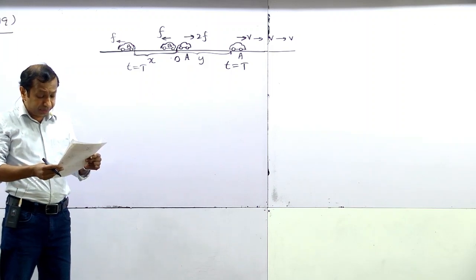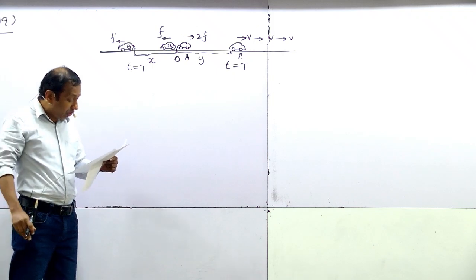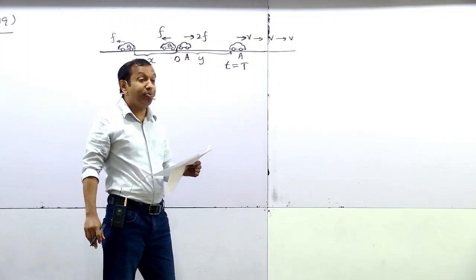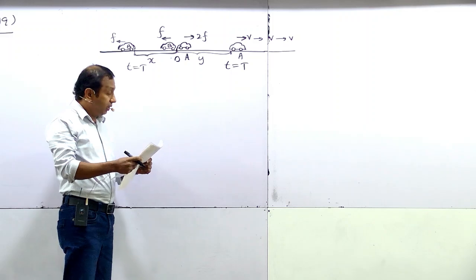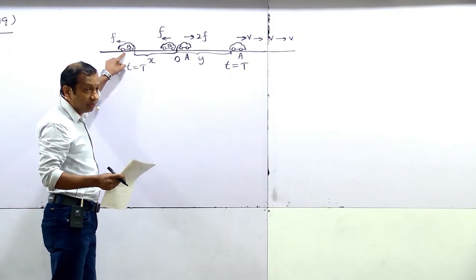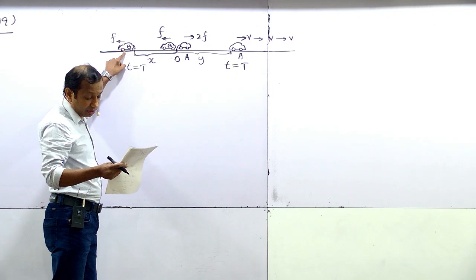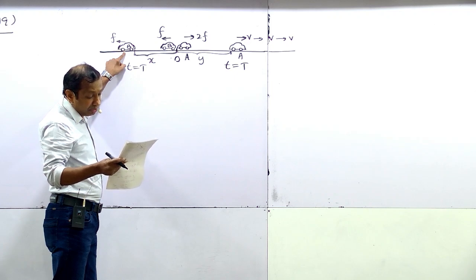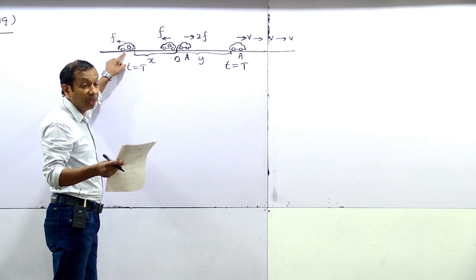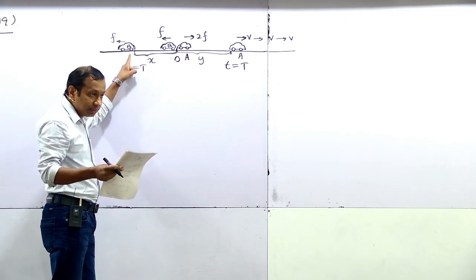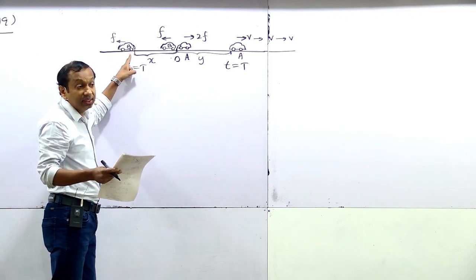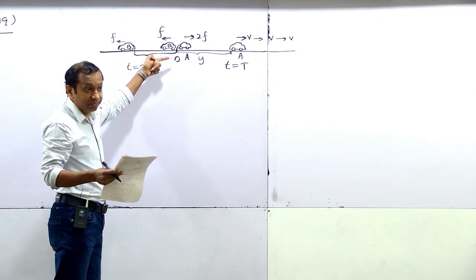At time capital T, car B meets another car C moving in the opposite direction of B. At time capital T, car B is here. Here, once the car B passes to left, at this moment another car C is traveling toward rightward.